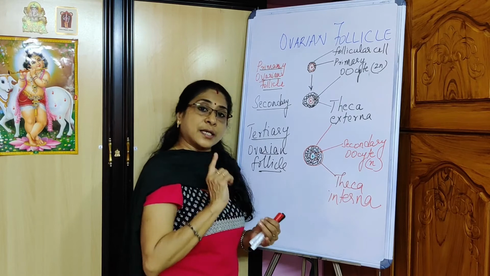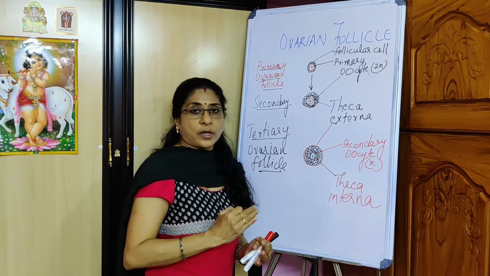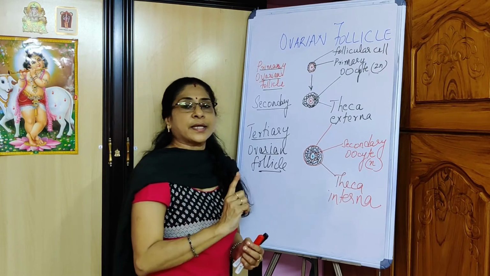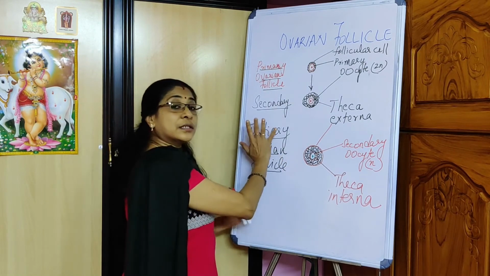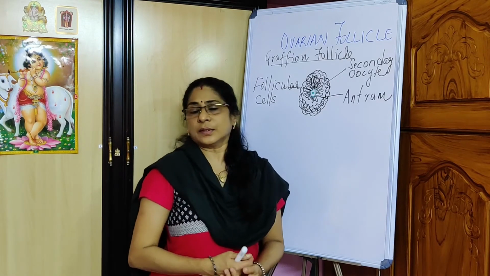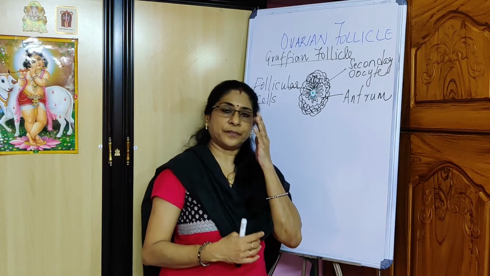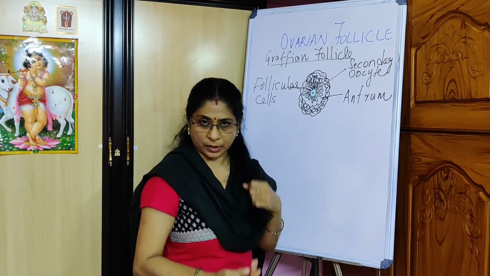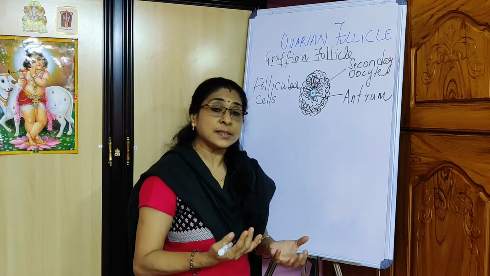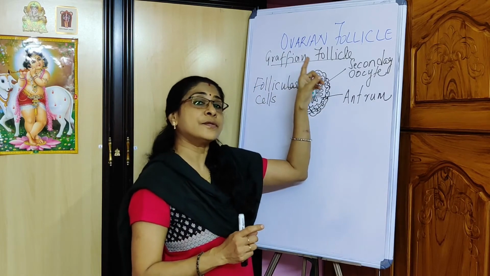So we have a theca interna, a theca externa, three layers of follicular cells and one secondary oocyte within the tertiary ovarian follicle. Let us now discuss what happens to the tertiary ovarian follicle. The tertiary ovarian follicle matures and is now called the Graafian follicle.